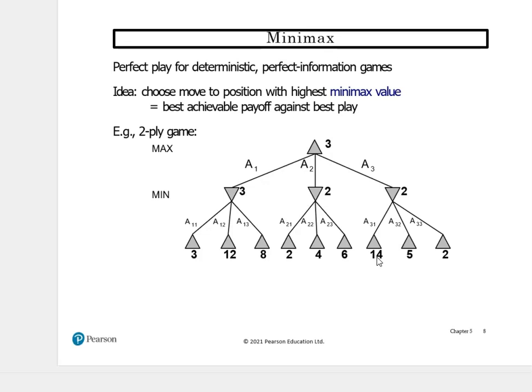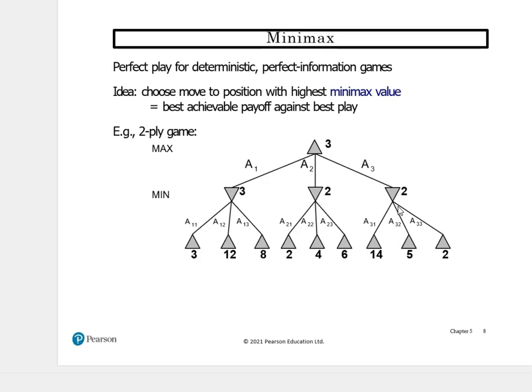Now, given a game tree like this, the optimal strategy can be determined by working out the min-max value of each state in the tree, which is a function we wrote before as min-max of S. So the min-max value is the utility for max of being in that state, assuming that both players play to win, of course, until the end of the game.